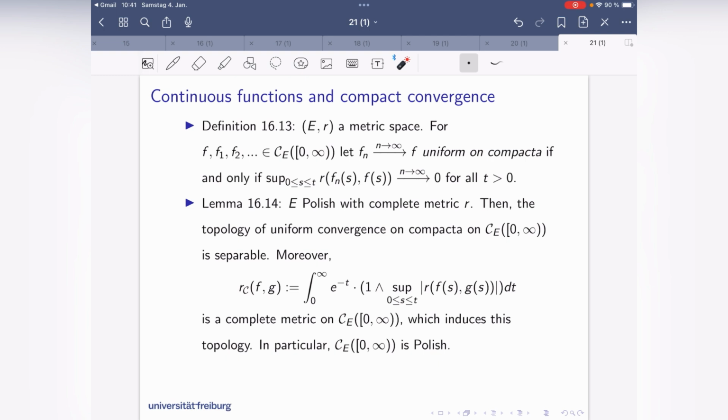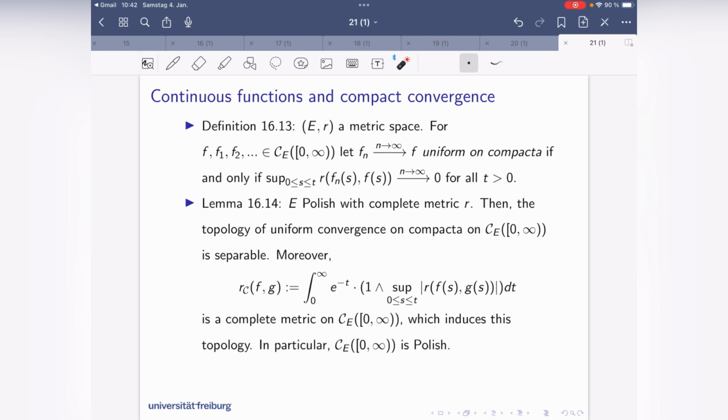So can we do this? And the answer is yes, we can do this. And for this, we need a metric on the space of continuous functions. And the metric induces a topology, and that's the topology of uniform convergence on compacta.